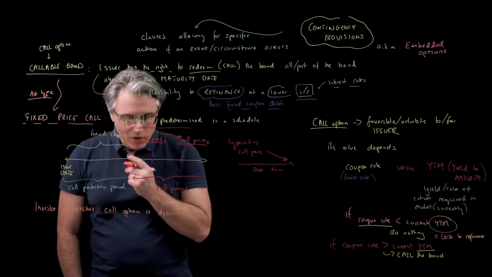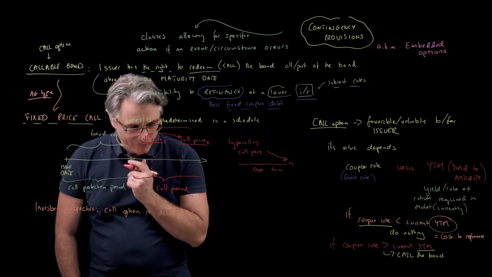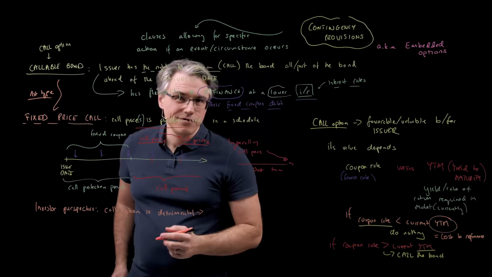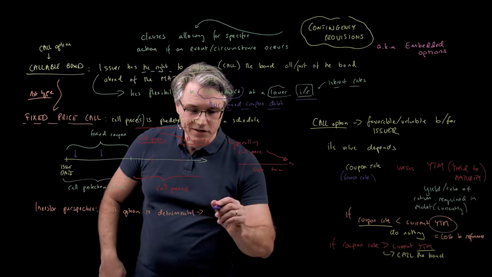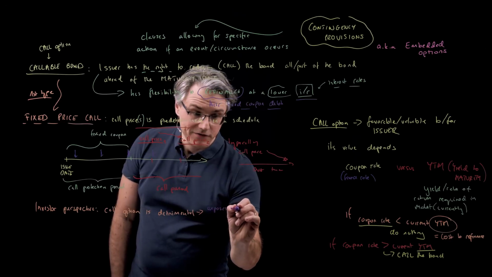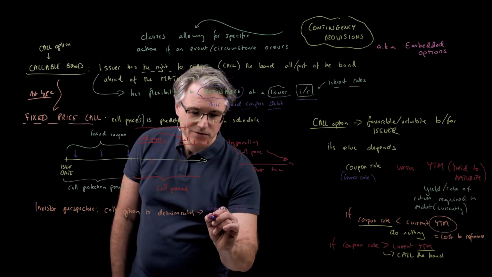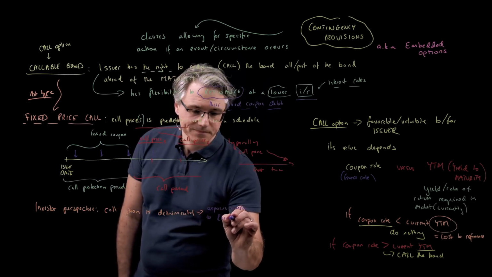And the reason why it's detrimental is because it introduces something that we're going to talk about later on in quite a lot of detail. It exposes us, or the investor, to what we call reinvestment risk.